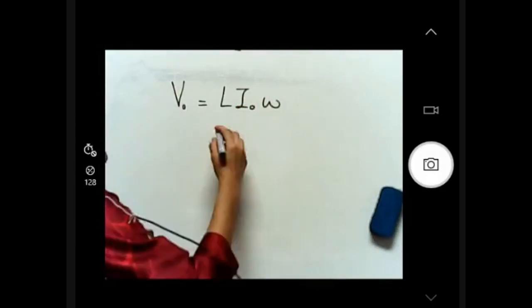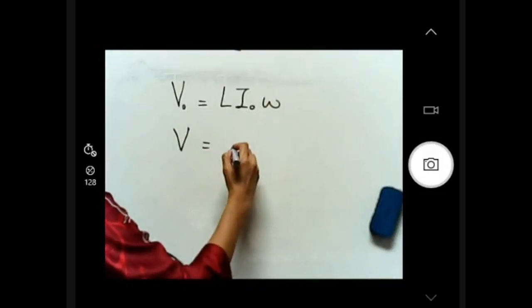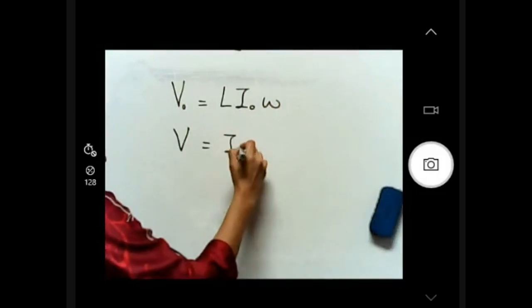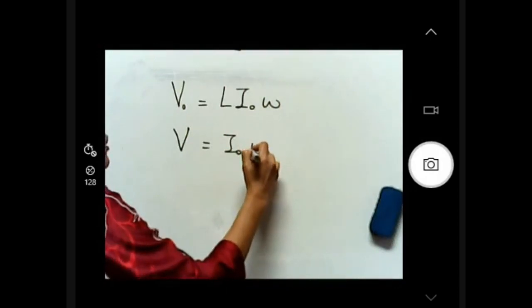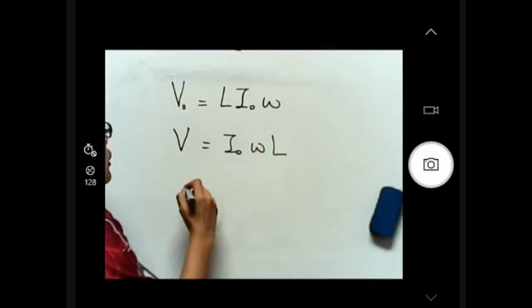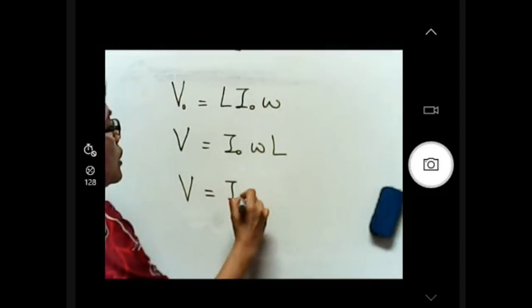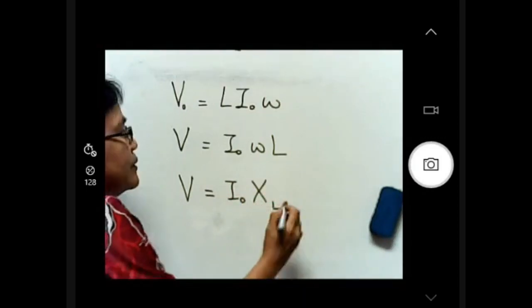As usual, we will rearrange. That means I have I naught, maybe I arrange like that, omega L. Then I compare using Ohm's law relation. So V equals I naught XL.